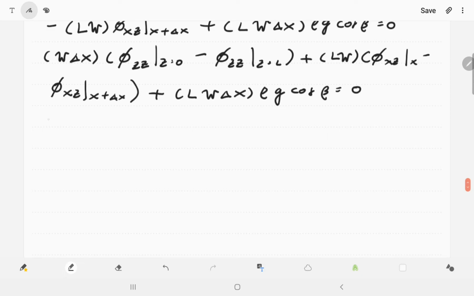Okay, we can further go into the components of those things. We open it one by one.